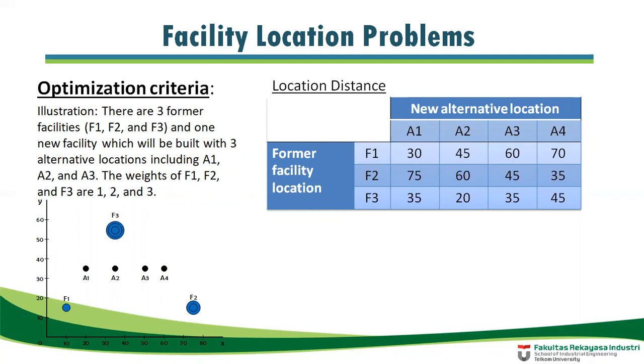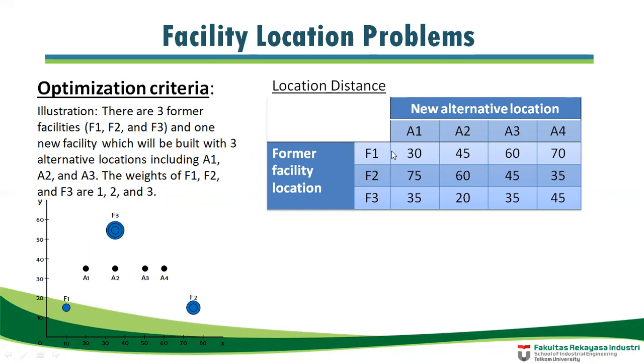The weight may include an importance factor, the unit load, or another unit that will be included in the facility planning. So let's say the weights of F1, F2, F3 are 1, 2, and 3.